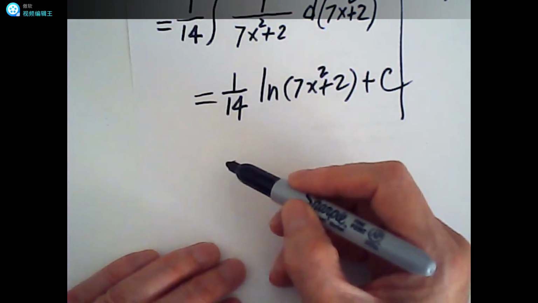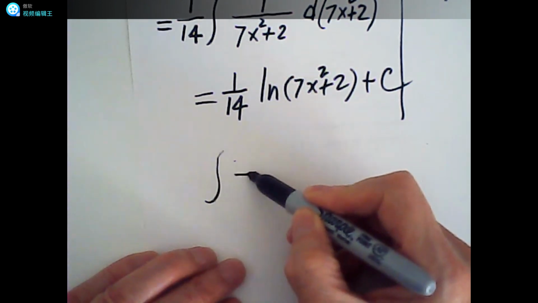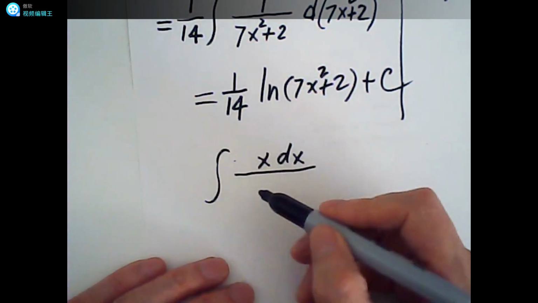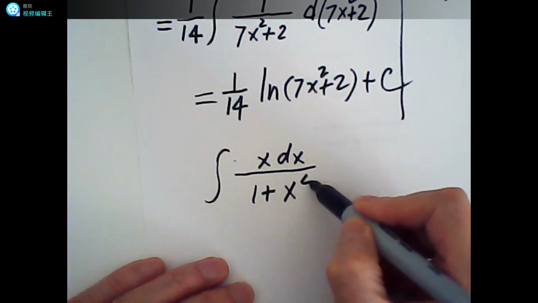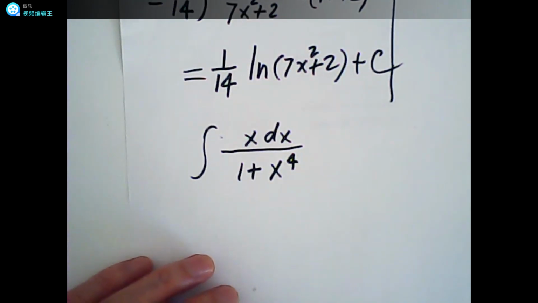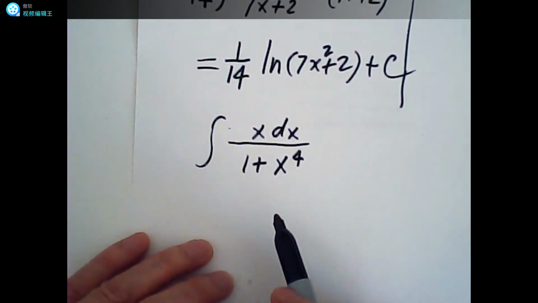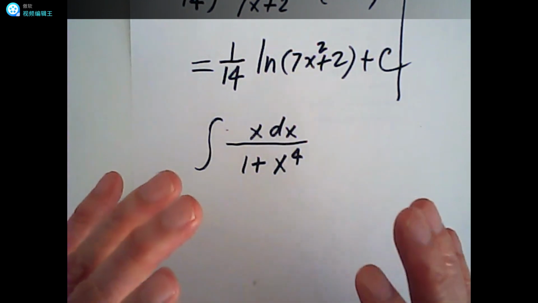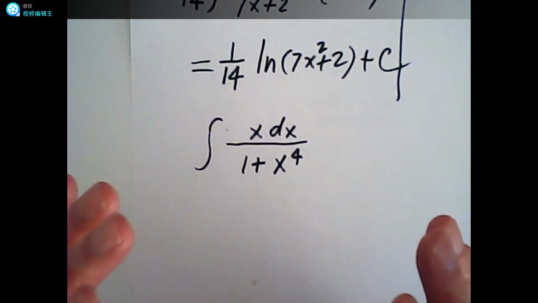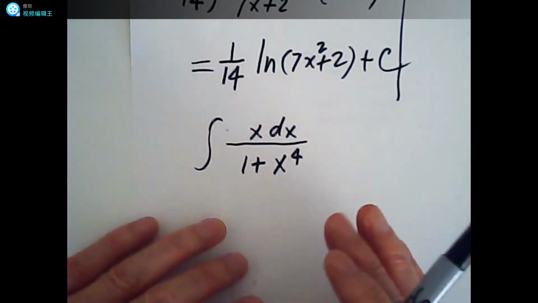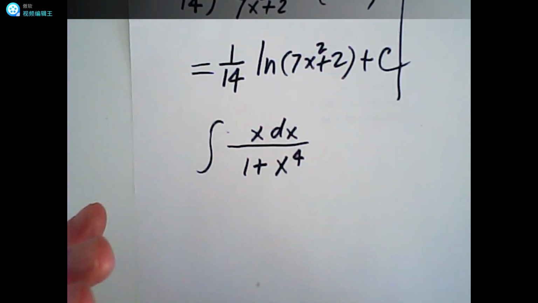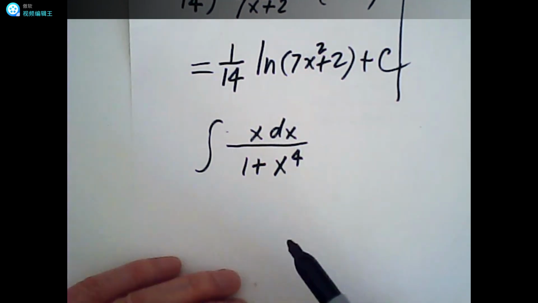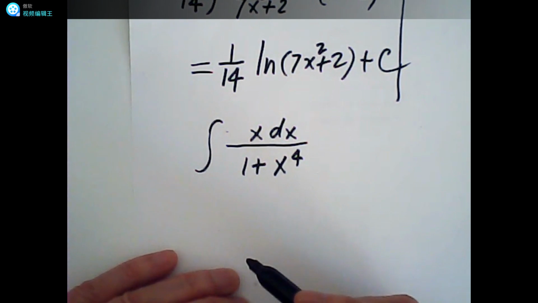This is the integral of x dx over 1 plus x to the fourth. Okay, now you must have an idea. You must have something in your mind, the basic formula you are going to attack with.